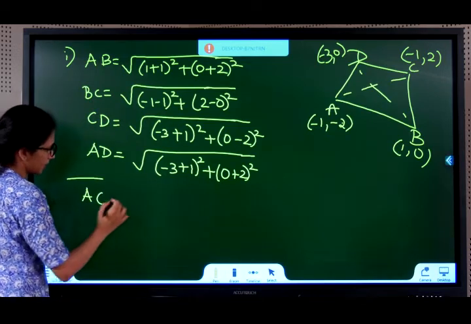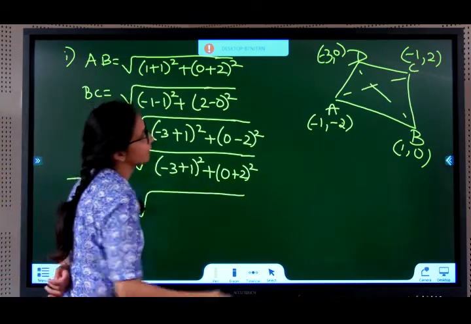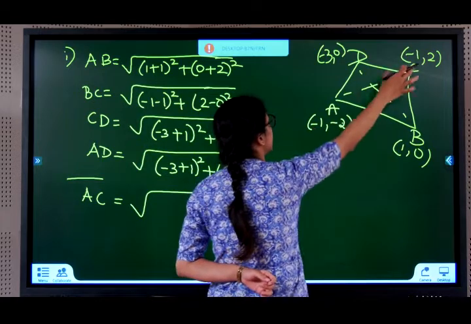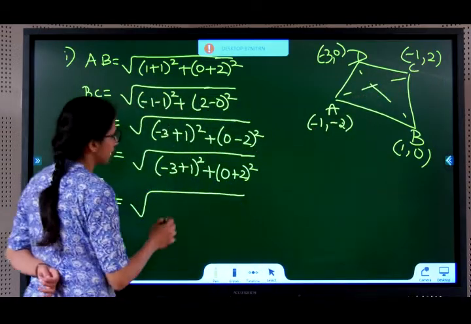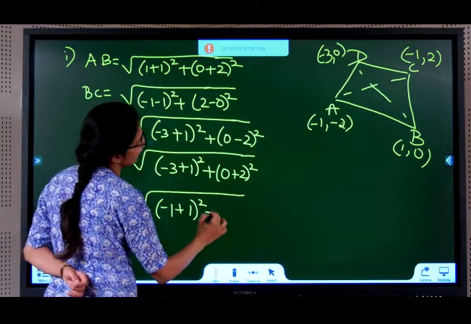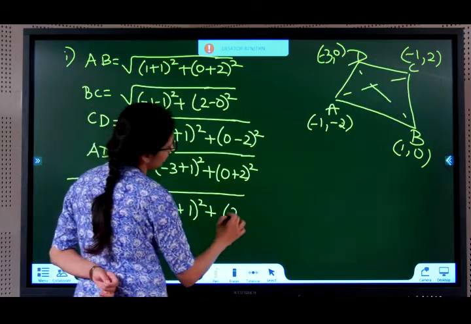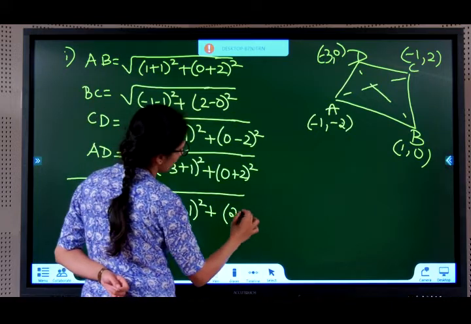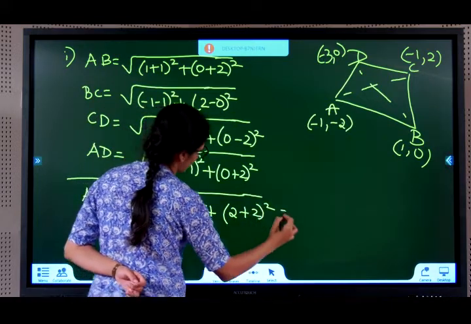So, now AC, root of x1, y1, x2, y2. Minus 1 minus of minus 1, minus 1 plus 1 the whole square plus 2 minus of minus 2, 2 plus 2 the whole square.